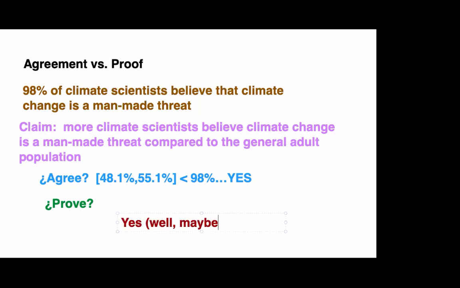Well, maybe, because rare things still happen, but I think it's so. This is where statistics gets interesting. We start moving this idea of proof to agreement to justification, and this is the nature of statistics.